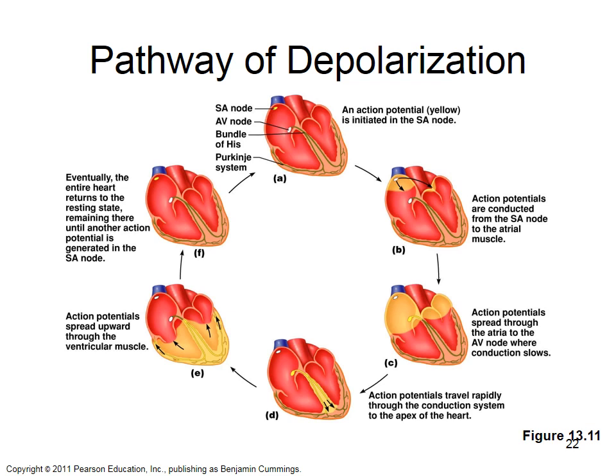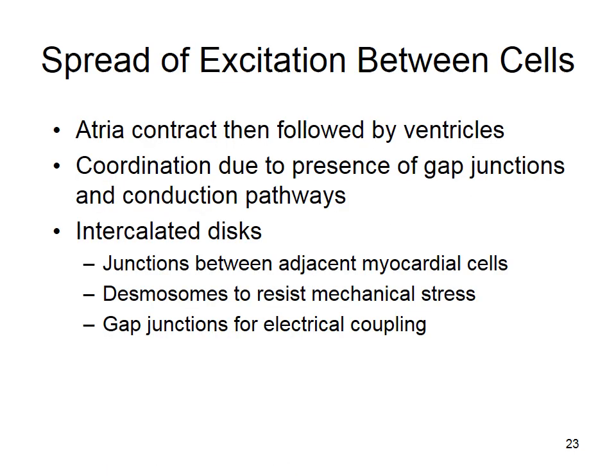So you want your heart to squeeze from the bottom up, or the apex upwards, just like how you want to squeeze your toothpaste if you want to get the most for your money. Okay, so atria contract first, followed by the ventricles.